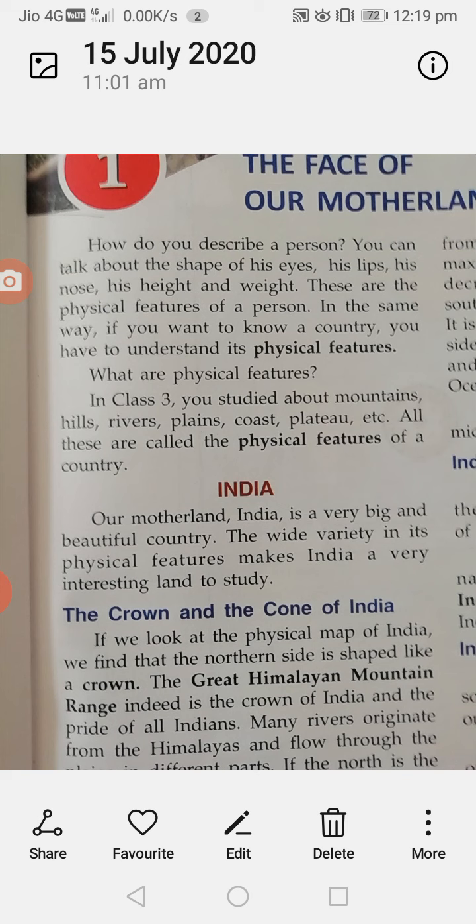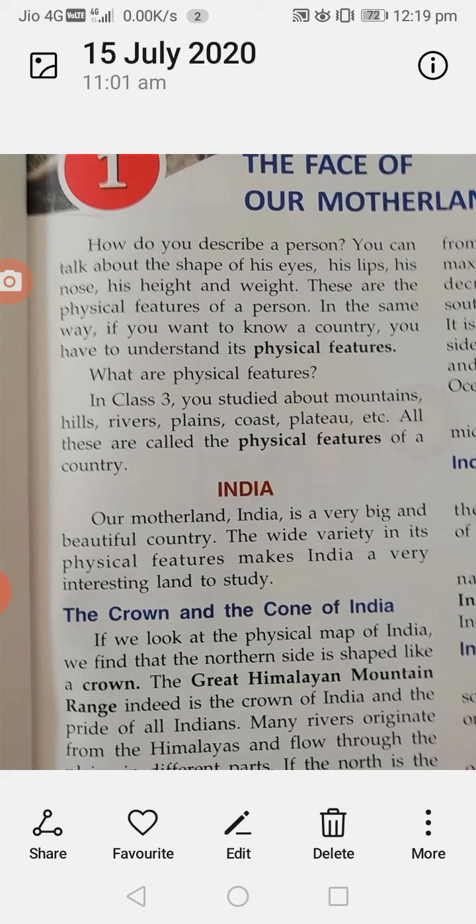How do you describe a person? You can talk about the shape of his or her eyes, lips, nose, his height or weight. These are the physical features of a person.